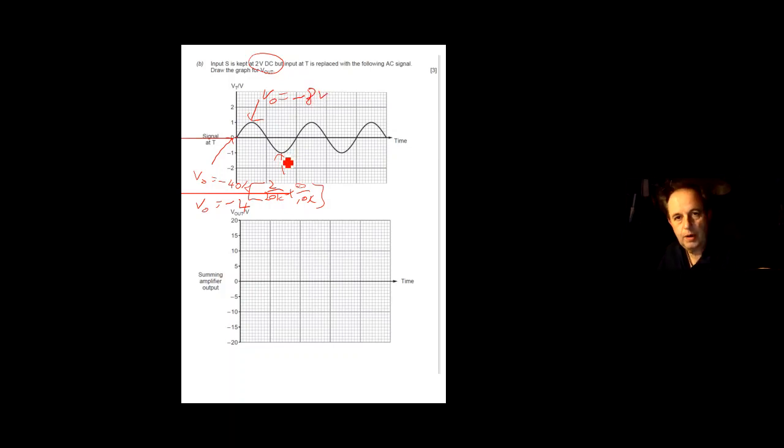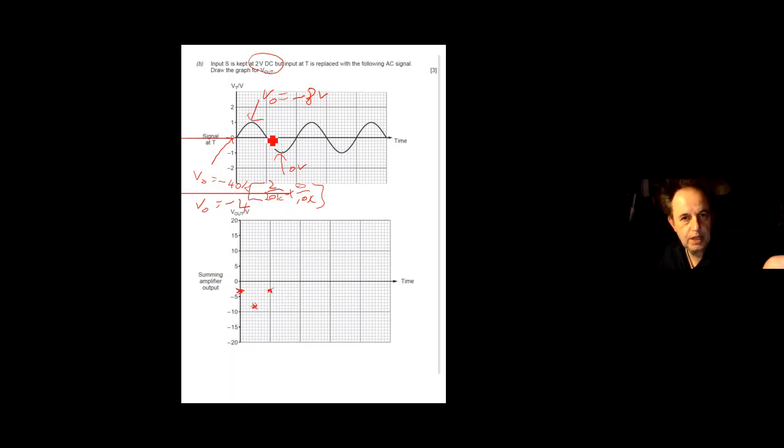At this particular point, I substitute in the values, and that gives me 0 volts by using 2 volts over 20k plus minus 1 over 10k. If I put those points on the graph, the crucial points are there: that's minus 8.